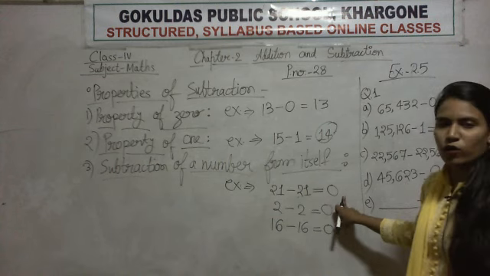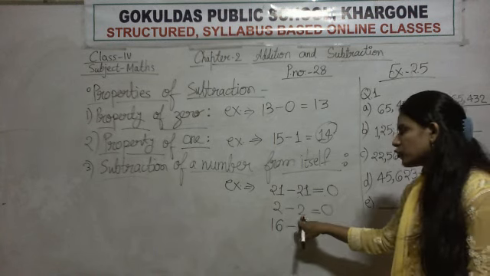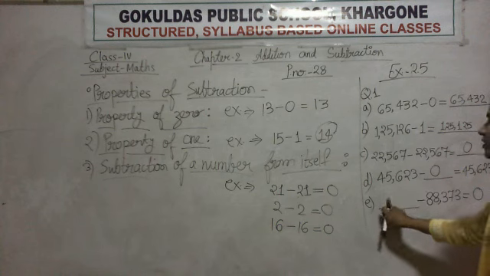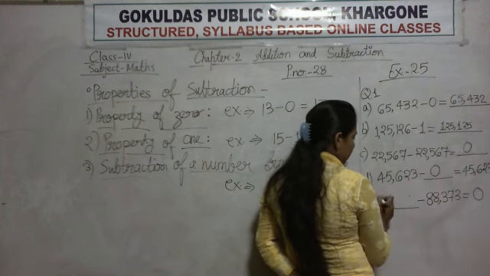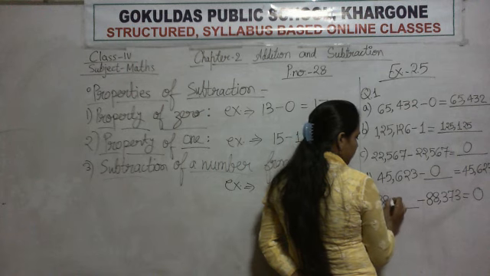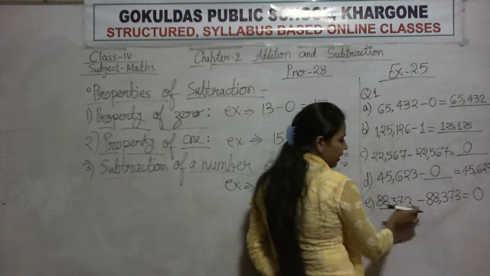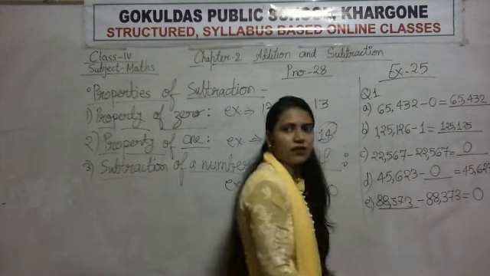When you subtract 21 from 21, you get 0. When you subtract 2 from 2, you get 0. So the answer will be the same number, 88,373. When you subtract 88,373 from itself, you will get 0.